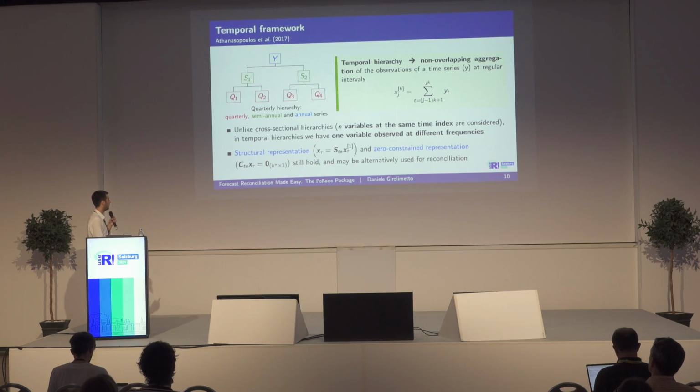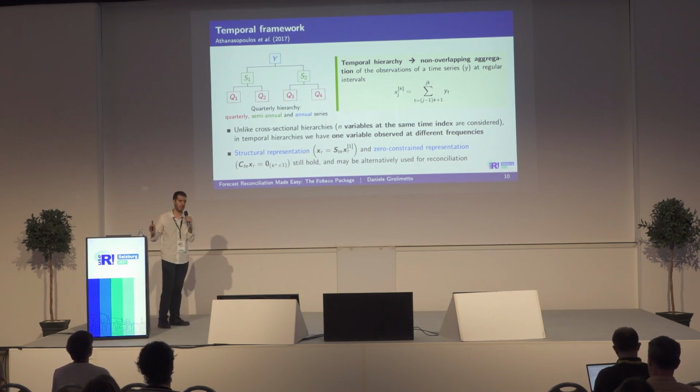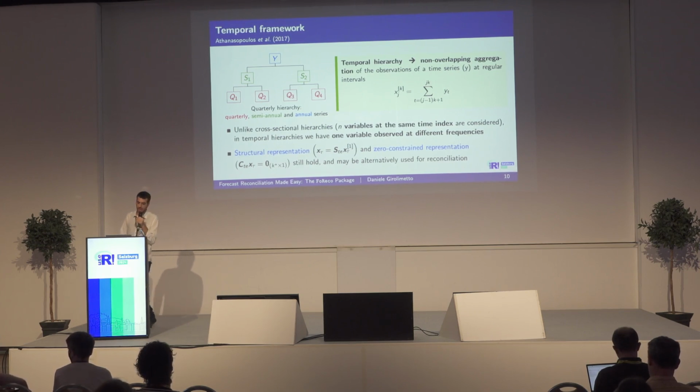If we sum quarter 1 and quarter 2, we have the first semester. Quarter 3 plus quarter 4 gives us the second semester. At the same time, the first and second semesters give us the annual level. So here we are not using n variables at the same time index, but we are using one variable at different frequencies.